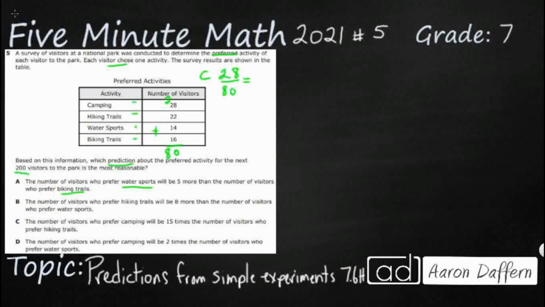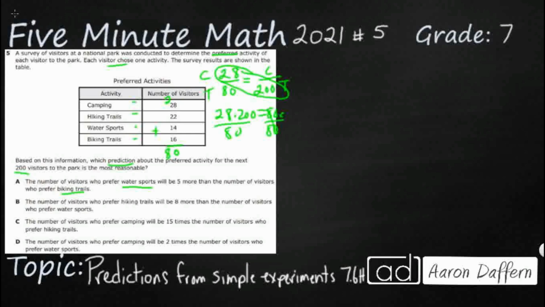This is our camping, and this is our total. Our new total is going to be 200. We could do a little cross multiplication here, but look what I'd have to do: 28 times 200 equals 80 times C, so we have to divide both sides by 80. Not super interested in doing that calculation, so let's look at a different way.